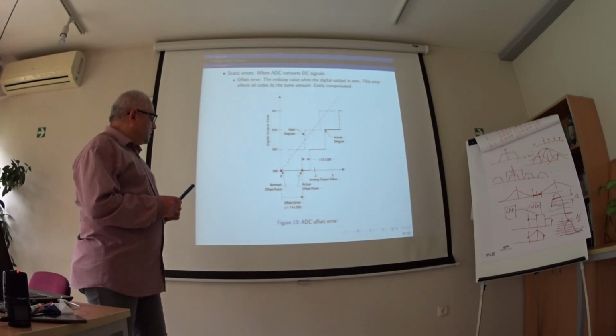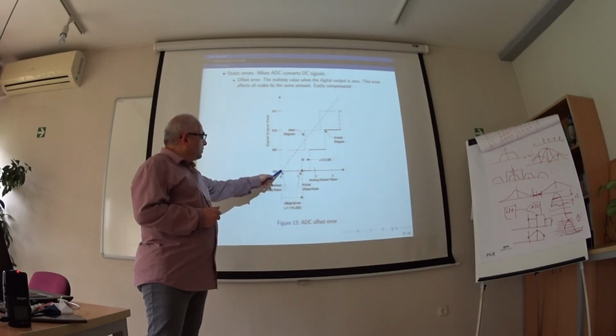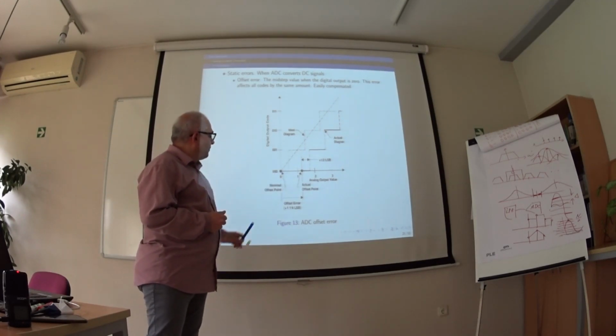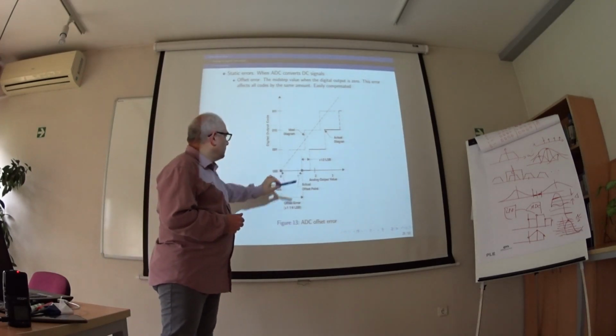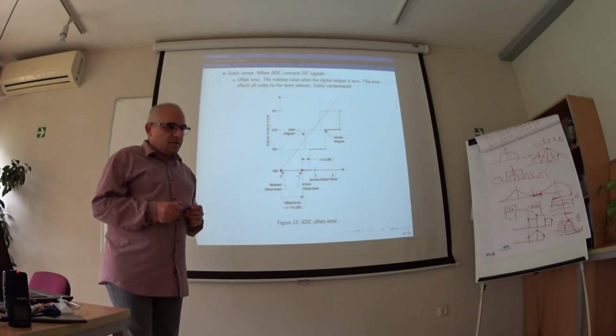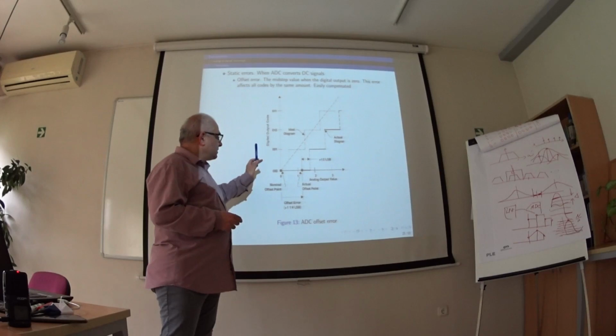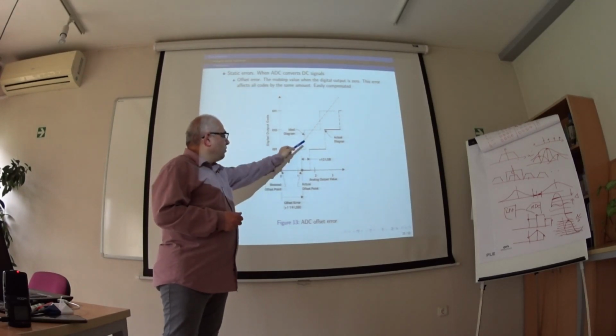In this example, the offset error is 1 1/4 LSB, measured from here to the mid step. This error can be easily compensated. It is present the same in all steps.